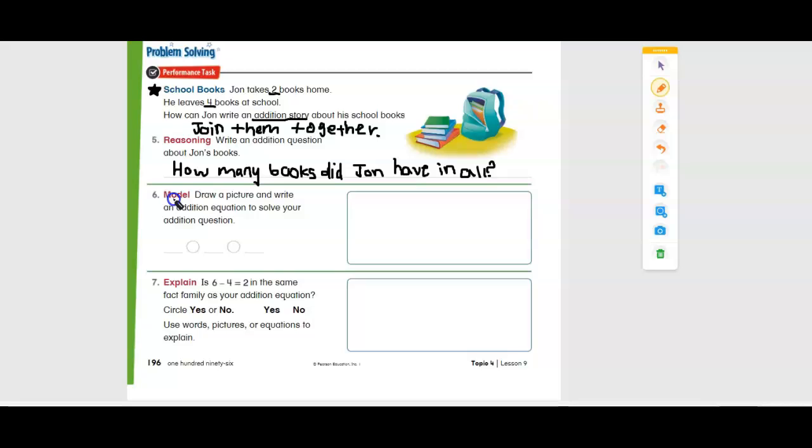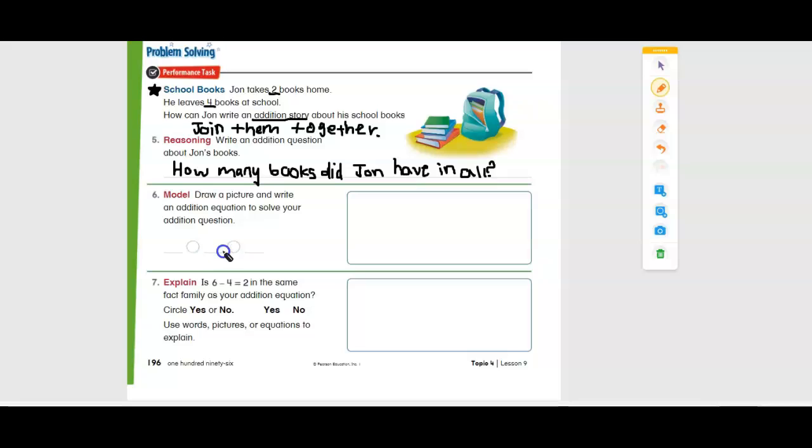So let's look at number 6. Now it says draw a picture and write an addition equation to solve your addition question. So our addition question is, how many books did John have in all? So it tells us if he has 2 books at home and 4 books together, write what our addition equation would look like in the blank.